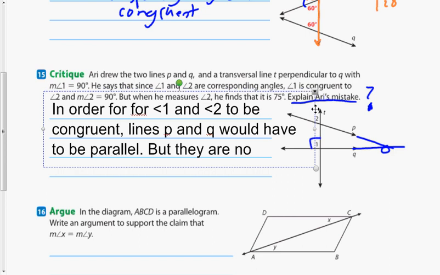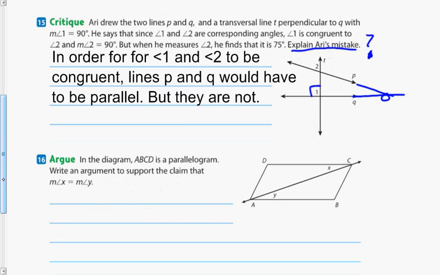But they are not. So if they're not parallel, then those angles are not congruent. We can't say that because we know that there's not two parallel lines cut by a transversal.